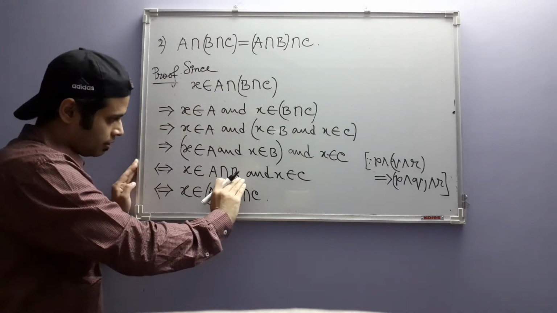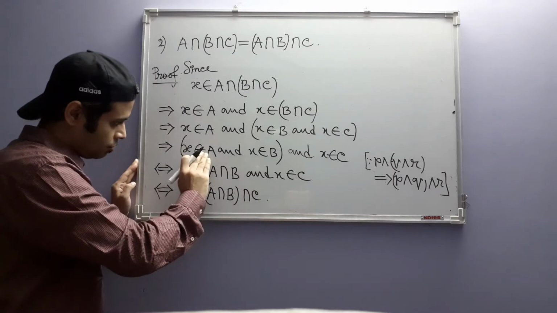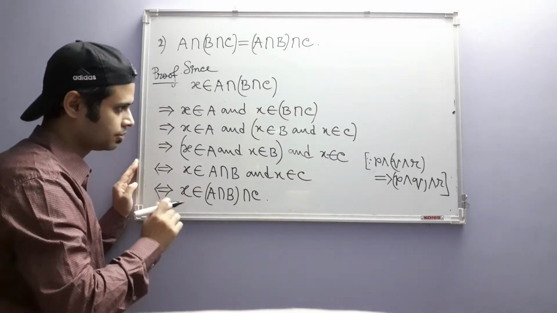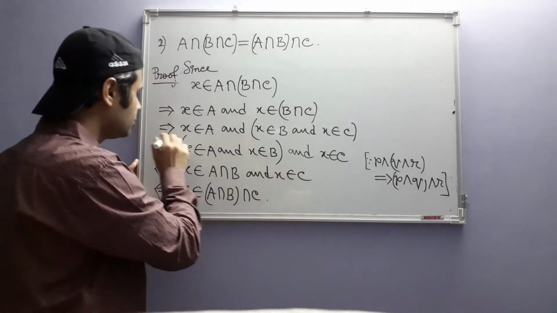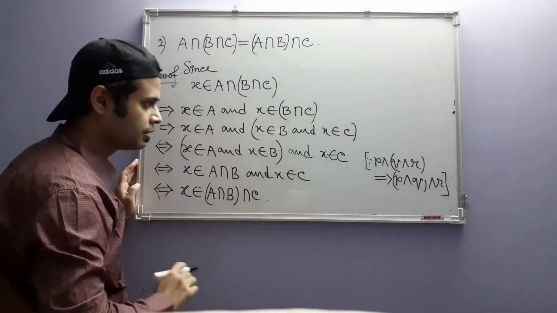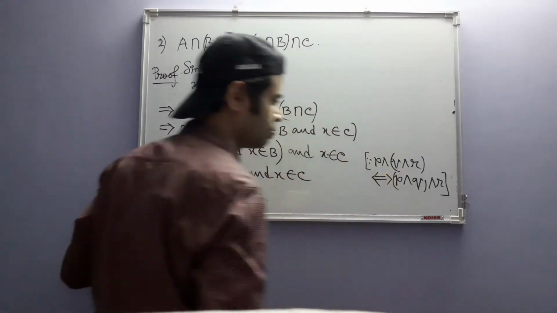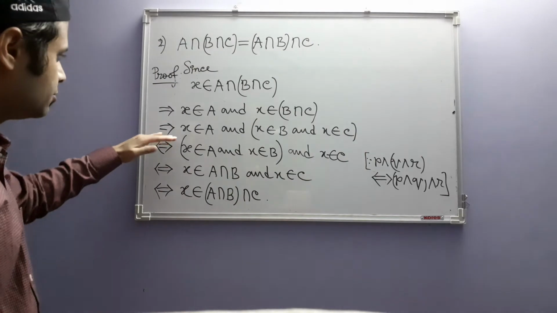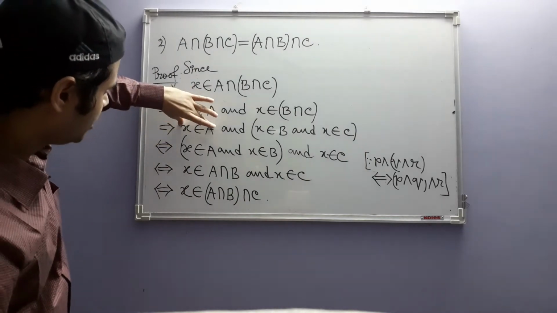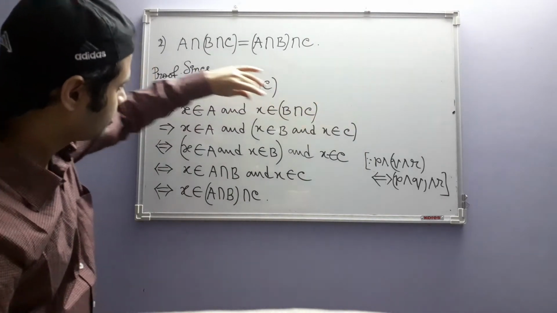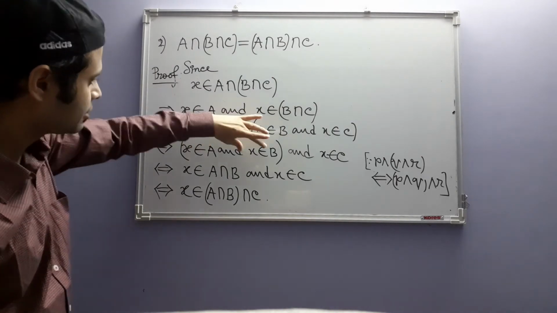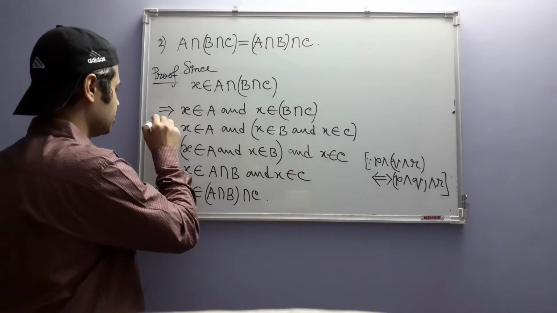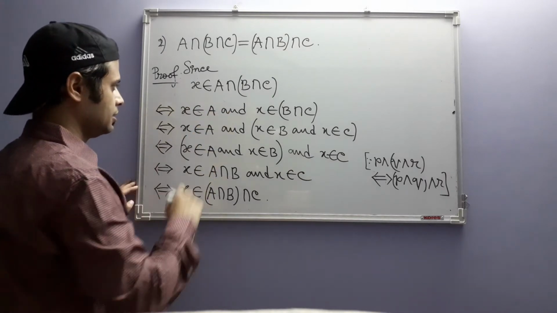You see, now from here you go to this. That's why I have written this direction of the double implication. Now from here, if you have to go to this one, then you have to include that one also, because here you are actually using the fact that P and Q and R is equivalent to P and Q and R. Okay, so then the rest of the steps are easy.